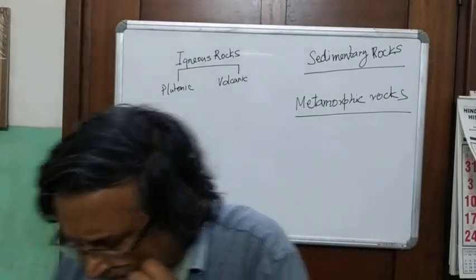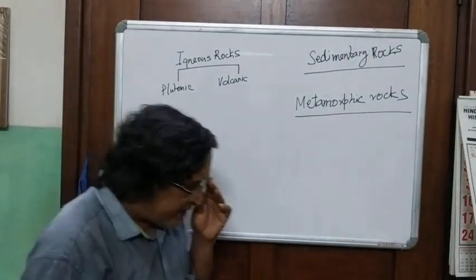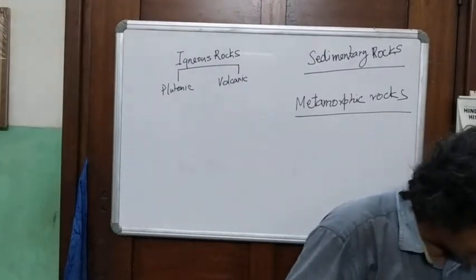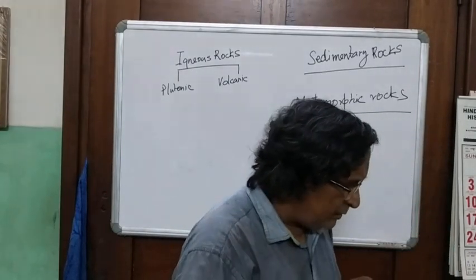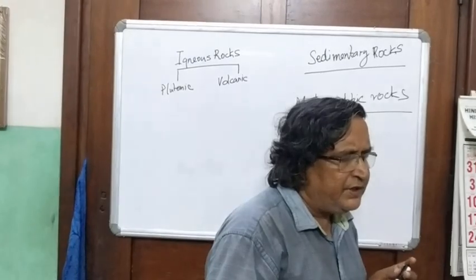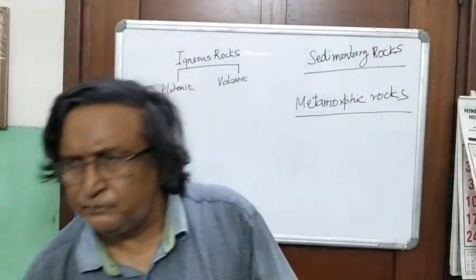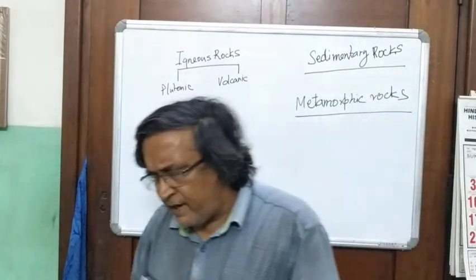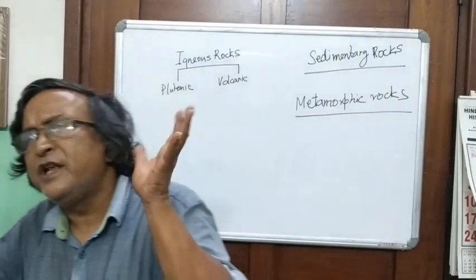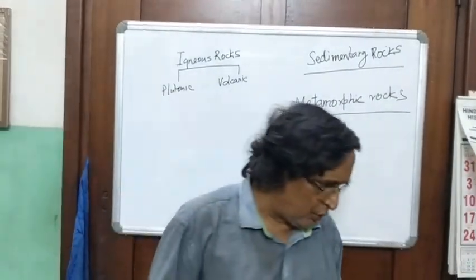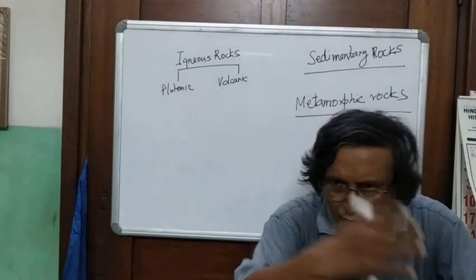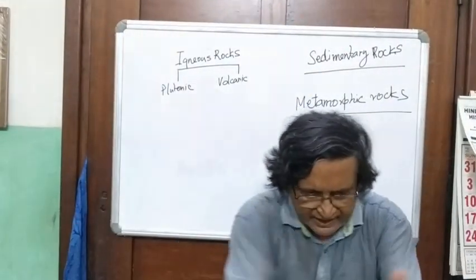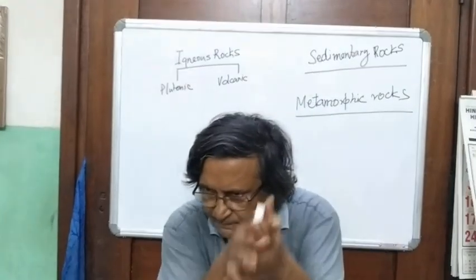Now, what happens? Metamorphic rocks generally are related to deformation. This is an unknown term, but you can understand from the plate tectonic processes that I talked to you about before that plates are moving. In some places they converge, you have the convergent boundary.